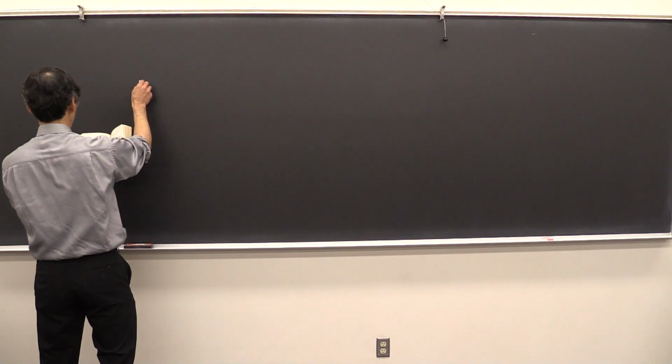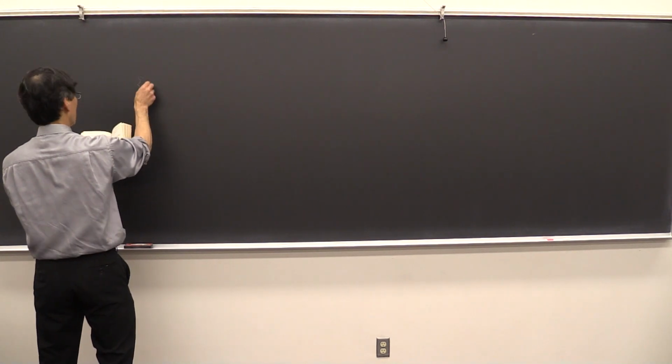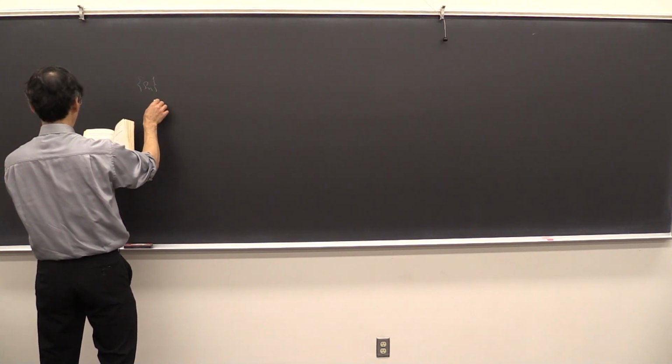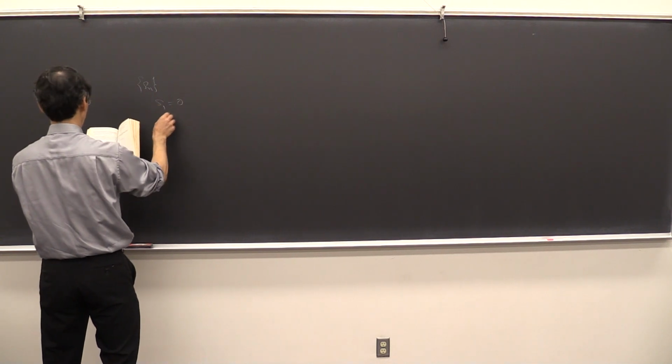So let's see. You've got some sequence S of n, and S of 1 is 0.